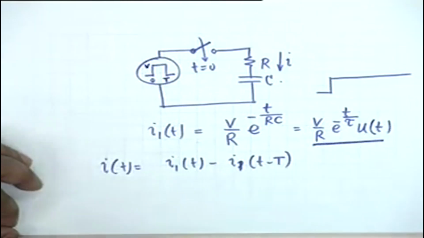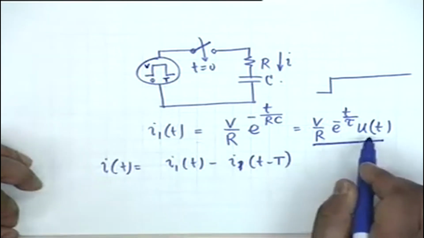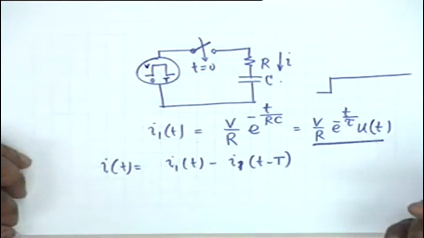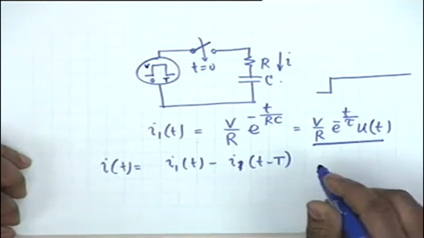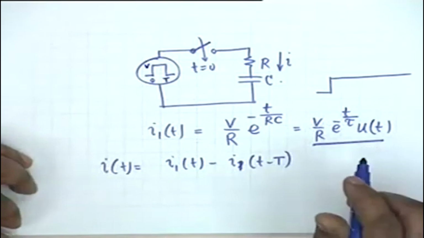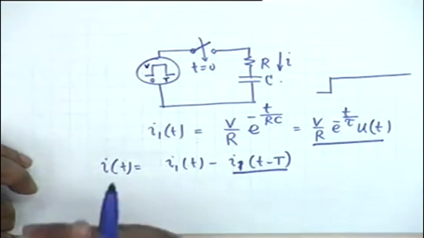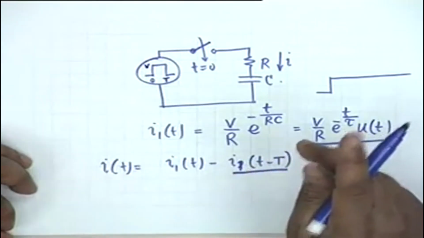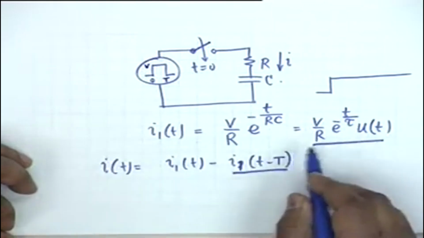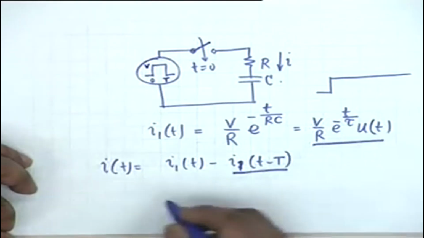Therefore this is the correct solution. We did not include a u(t) because it was implied in the context, but now we have to discipline ourselves, because i1(t minus capital T) starts functioning only at small t equal to capital T. So I cannot combine the two unless I use this function.